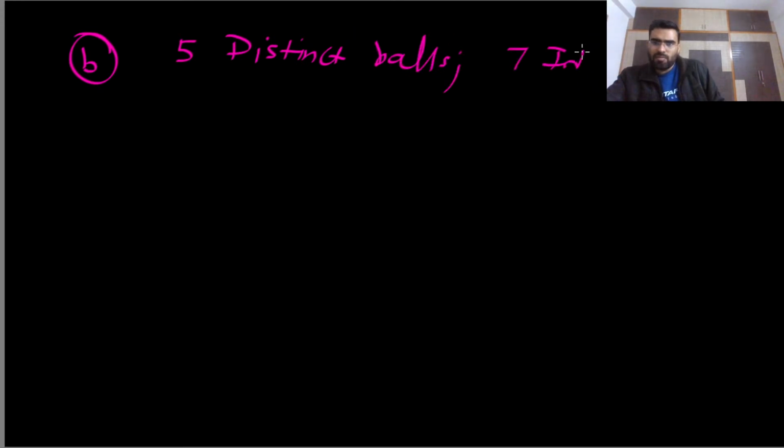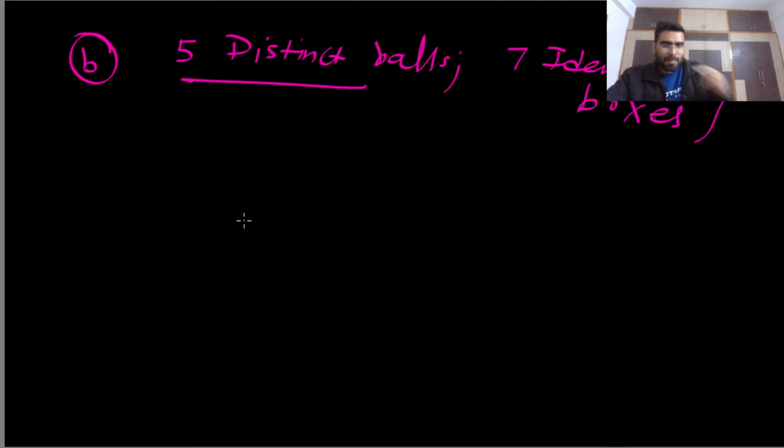So basically, you have five distinct balls and seven identical boxes, but each box can have at most one. So what can you do? Just think about it and tell me. The answer is there is only one way.